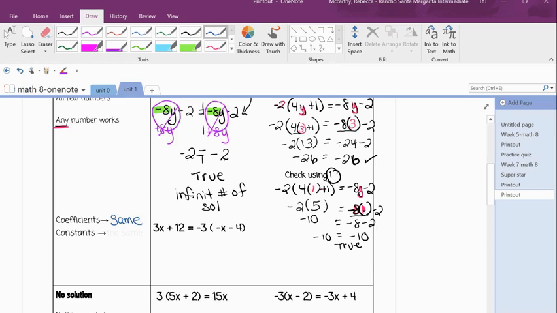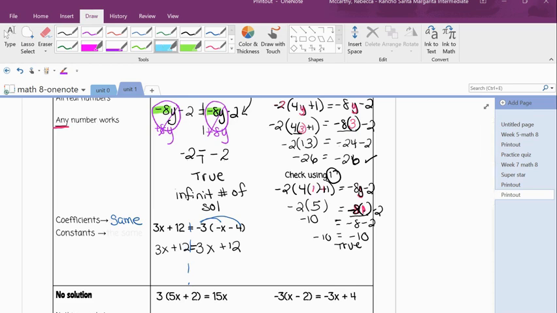So looking at this one, I'm first going to distribute this side. A negative 3 times a negative x gives me a positive 3x. And a negative 3 times a negative 4 gives me a positive 12. And on this side, I have 3x plus 12.